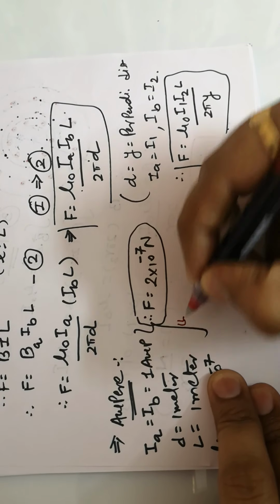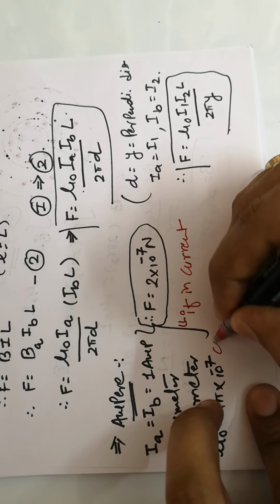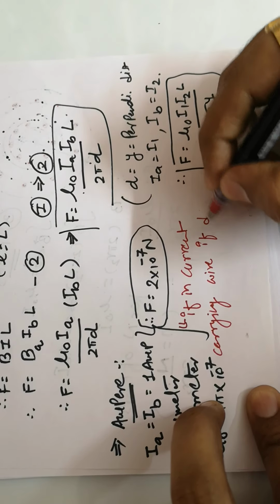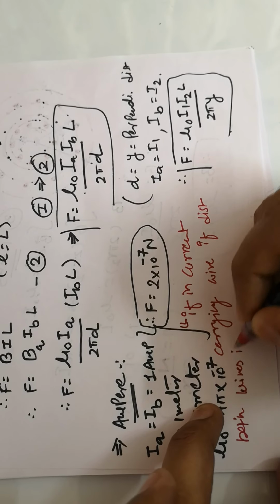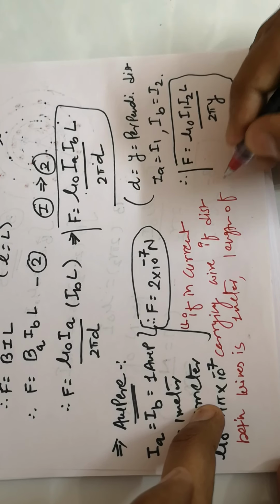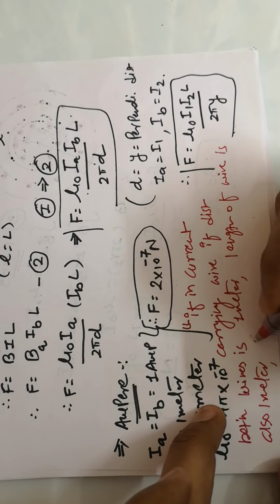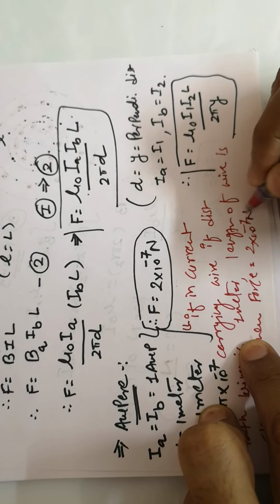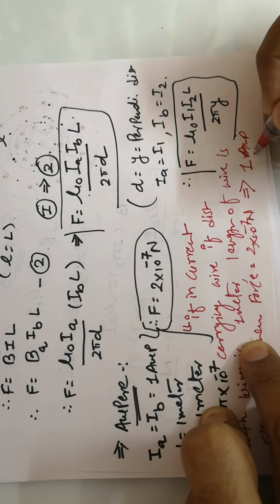The definition is: if in current carrying wires the perpendicular distance between the wires is 1 meter, and the length of wire is also 1 meter, then if the force applied is 2 cross 10 to the power minus 7 newton, you can say that 1 ampere current is passing through it.